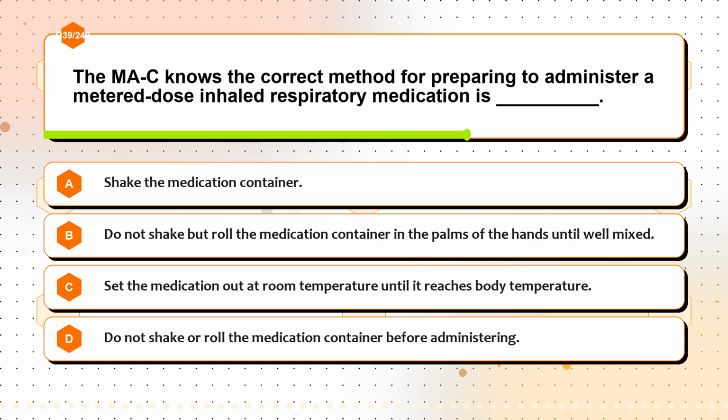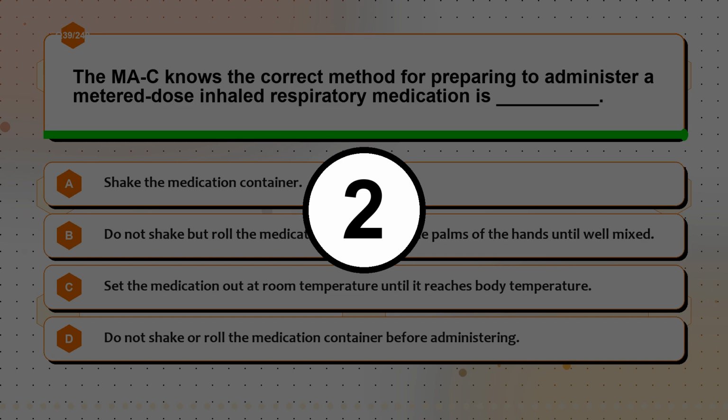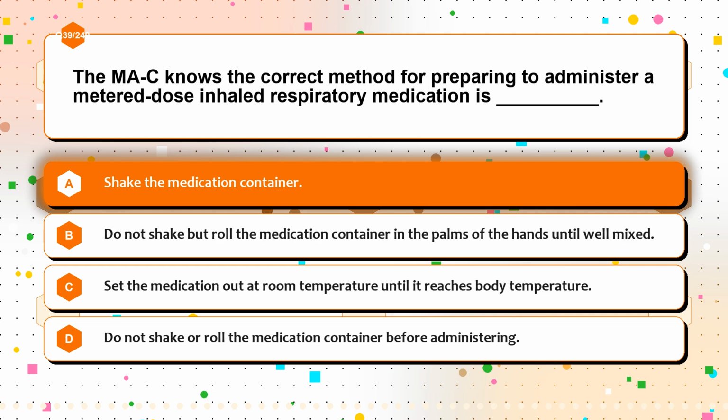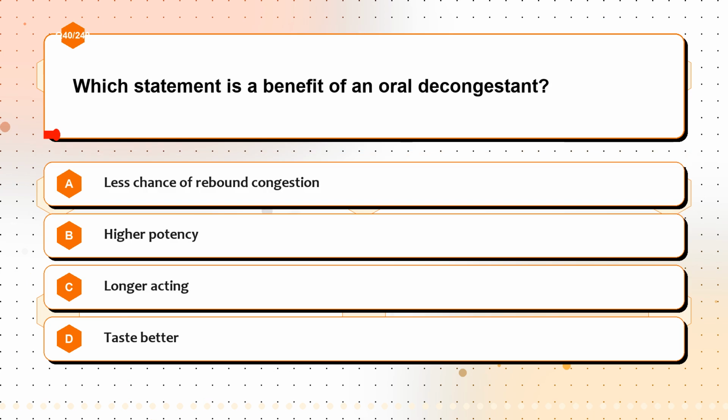Option C. Set the medication out at room temperature until it reaches body temperature. Option D. Do not shake or roll the medication container before administering. The correct answer is option A. Shake the medication container.